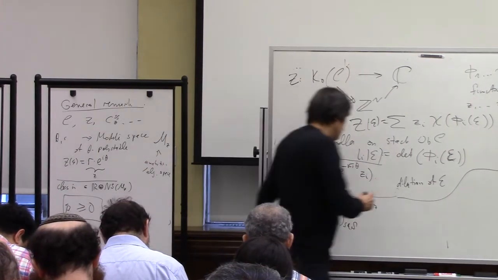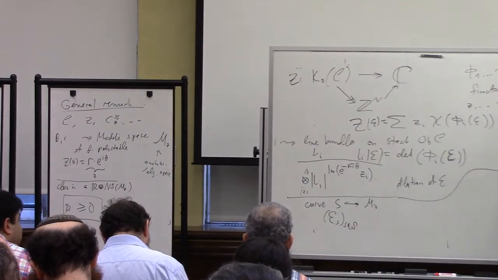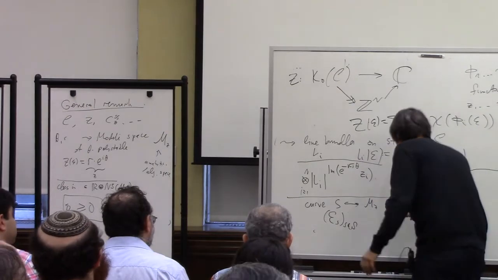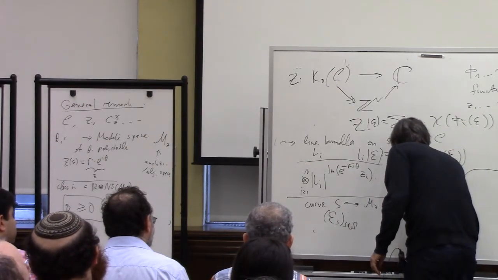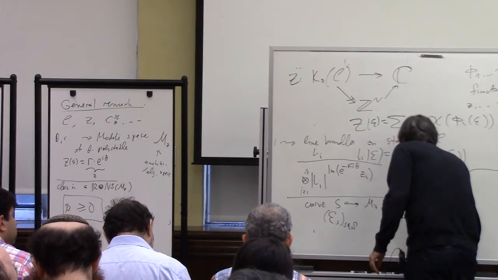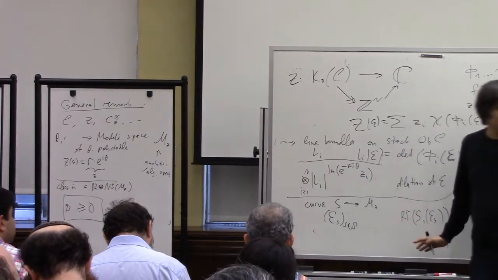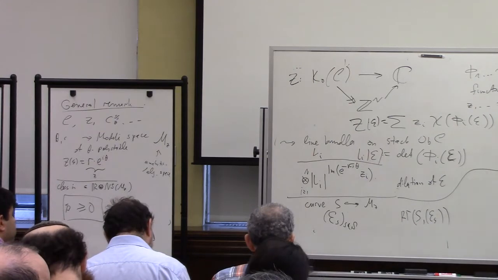Again, it's not really part of the semantics, but it should work in the global case. Then one should get a global object, R gamma of this holomorphic bundle of, say, representations of a quiver.